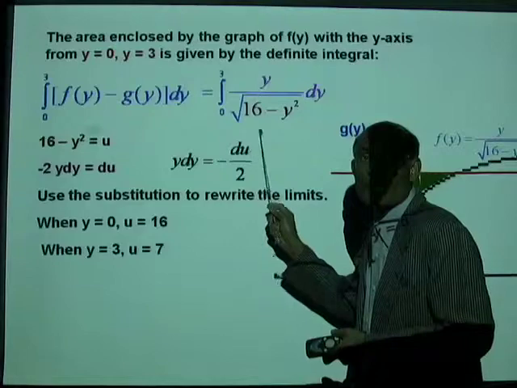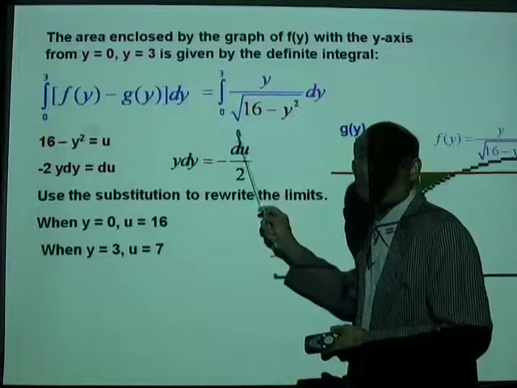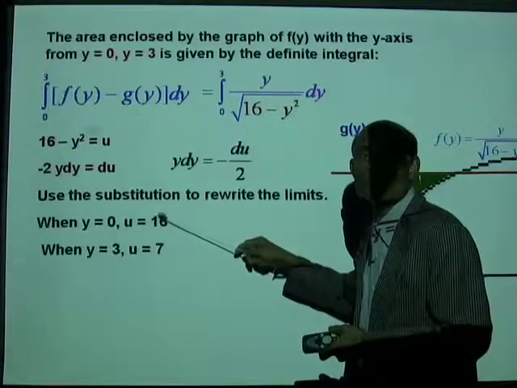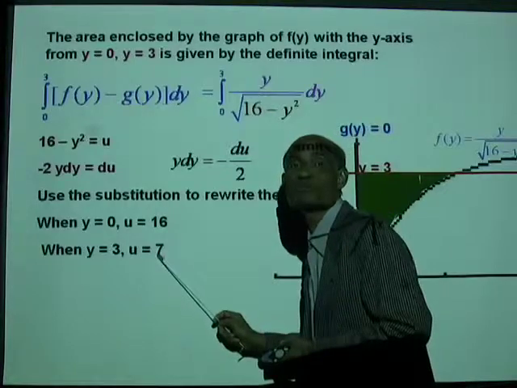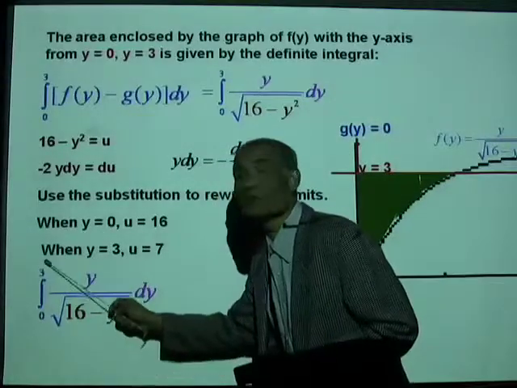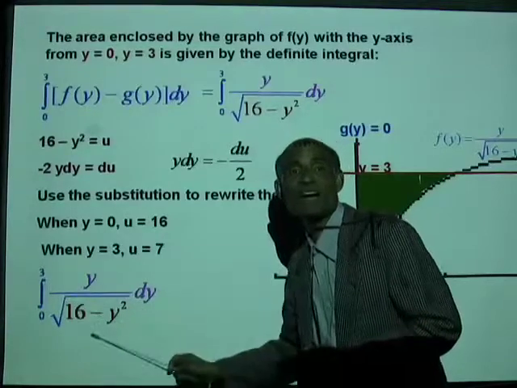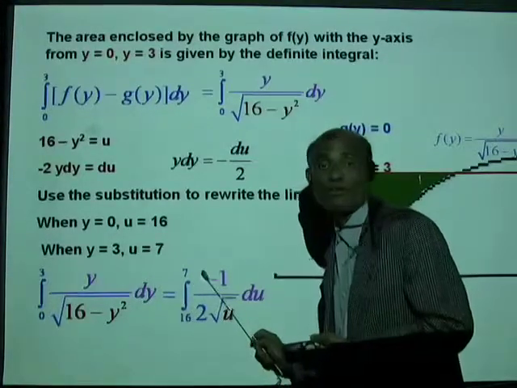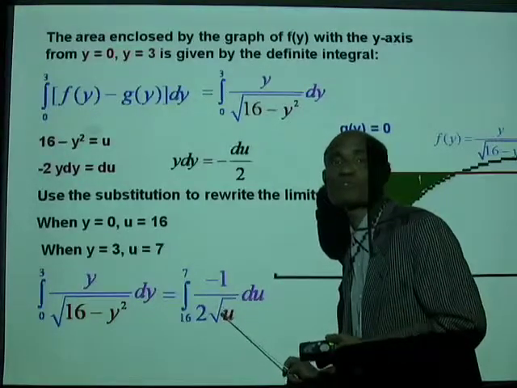Therefore, when you replace 16 minus y squared by this u, and y dy by negative du over 2, the lower limit y equal to 0 becomes u equal to 16, and the upper limit y equal to 3 becomes u equal to 7. So what is the new integral? Integral 0 to 3 y over square root 16 minus y squared dy now becomes integral 16 to 7 of negative 1 over 2 square root u du.